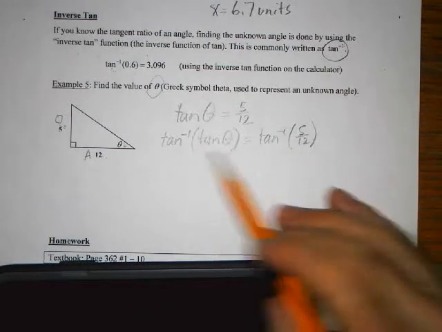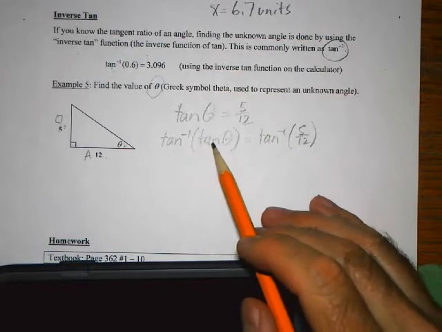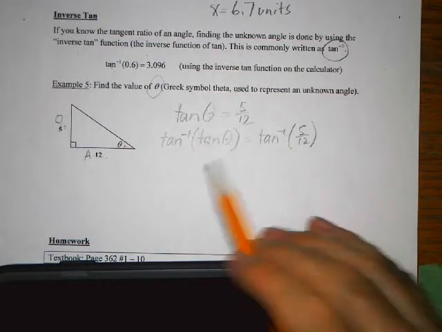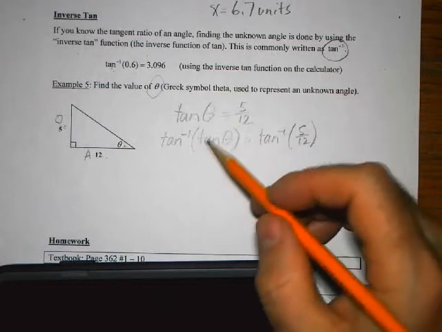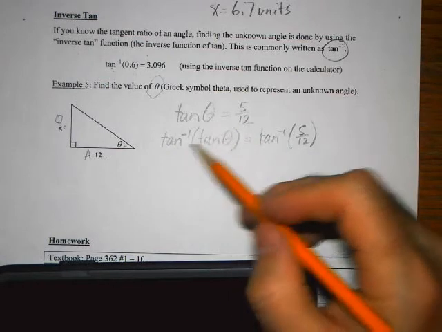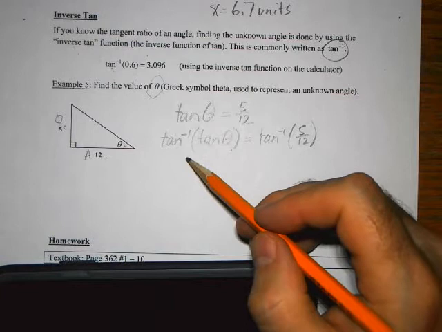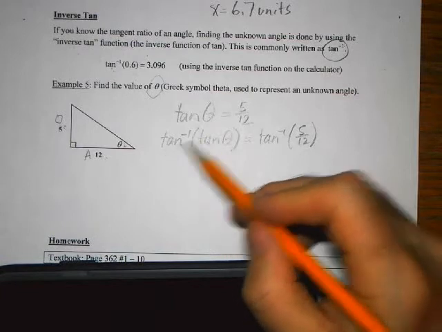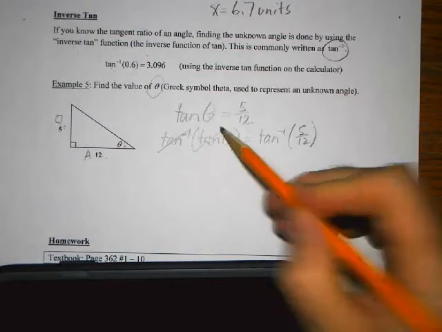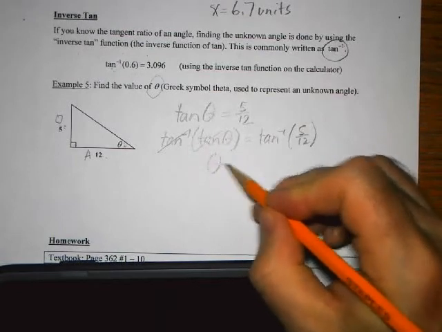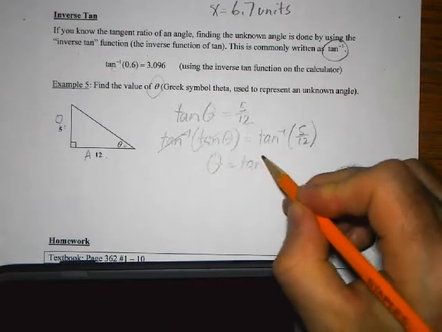I'm undoing the tan function with the tan inverse. This would be like squaring a square root or multiplying something you just divided. These two things just cancel right out. And I'm left with theta equals tan inverse 5/12.